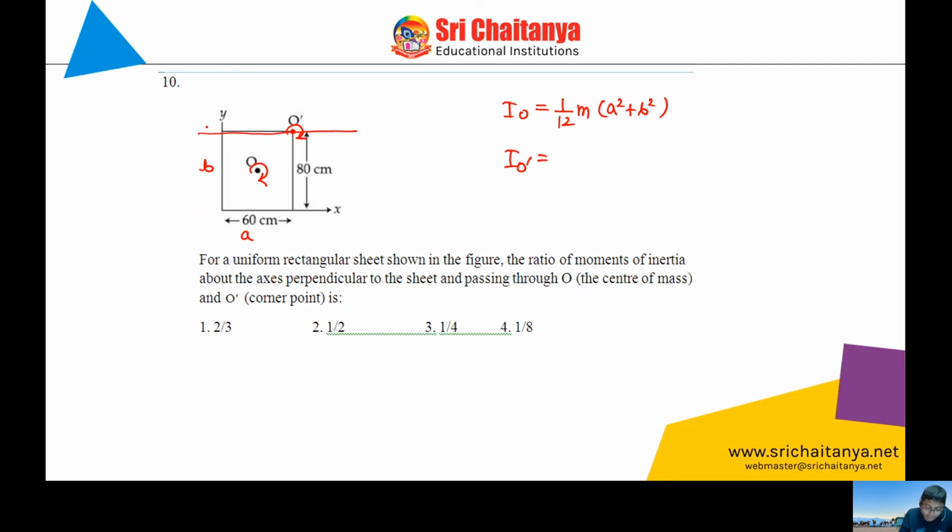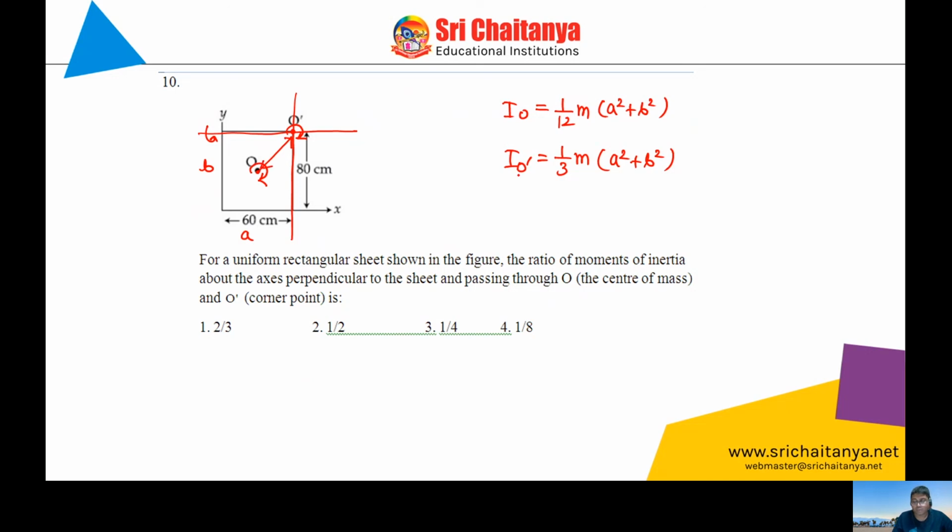About this axis, the moment of inertia you can write as 1 by 3 M B square, and about this axis as 1 by 3 M A square, and using the perpendicular axis theorem, you can simply write it as 1 by 3 M (A square plus B square). Alternatively, since the axis passing through O dash is parallel to the axis passing through O, you can also apply the parallel axis theorem and you will still get the same result.